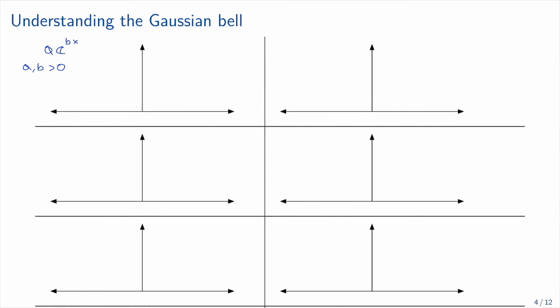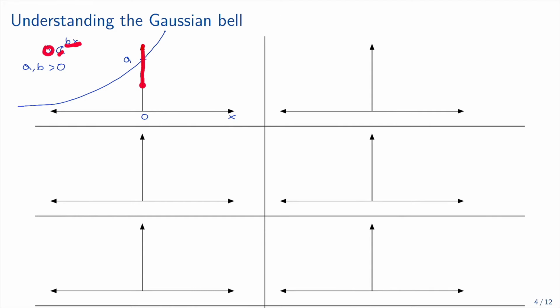So an exponential function is a function that comes from 0 and grows, and the rate of growth is very high. This point at x equal to 0 is point A. So if we replace x by 0, we have e to the 0. E to the 0 is 1, so this value of crossing the y-axis is equal to a.